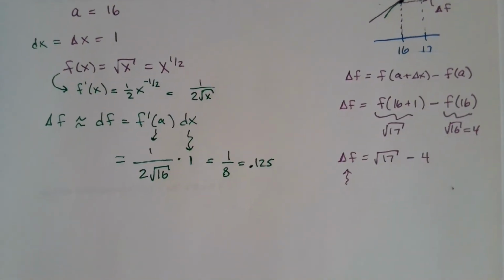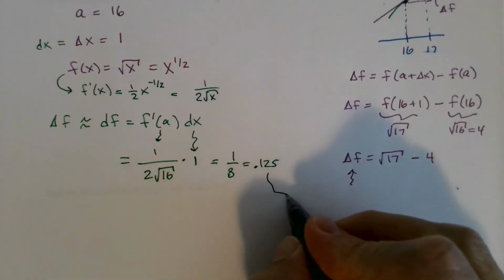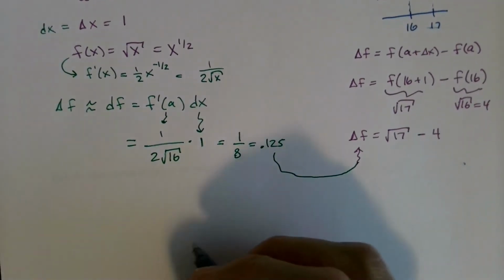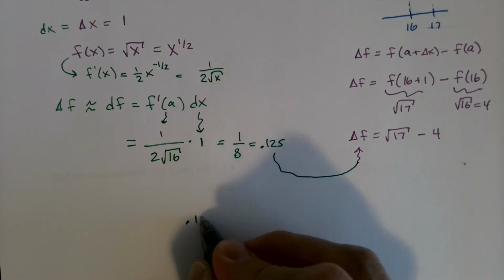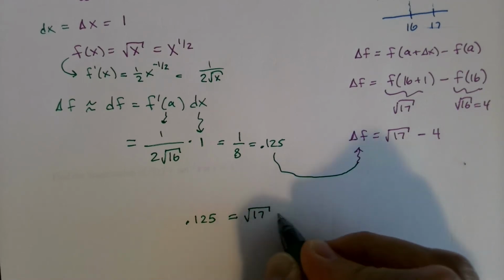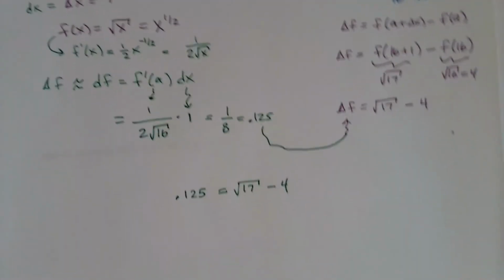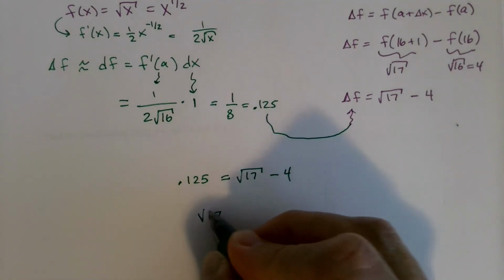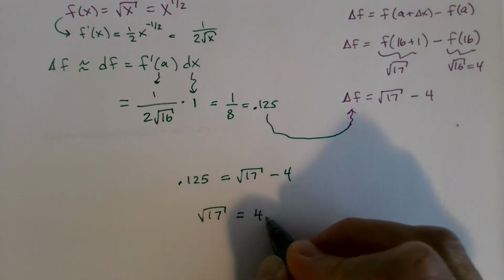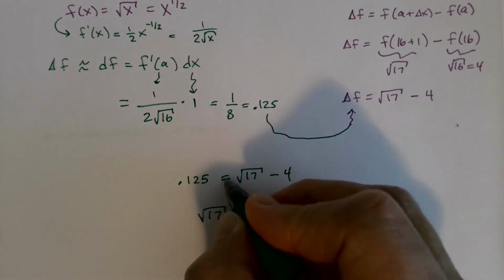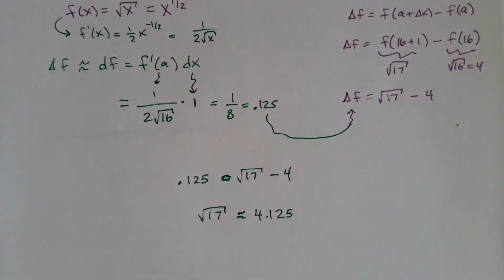And so that is what I'm going to plug in over there. So 0.125 equals the square root of 17 minus 4. So what is the square root of 17? Add 4 to both sides. Square root of 17 is 4.125. Well, again, approximately, right? We're approximating that. There's our approximation.